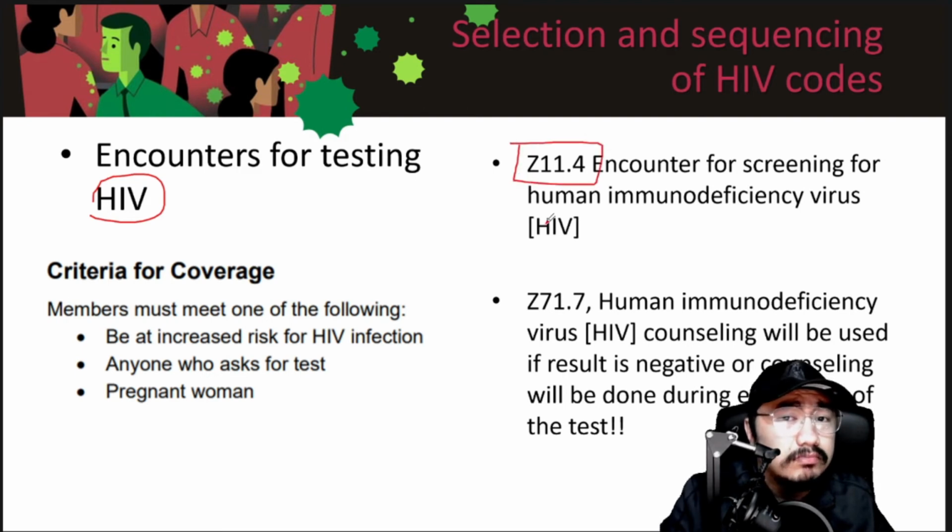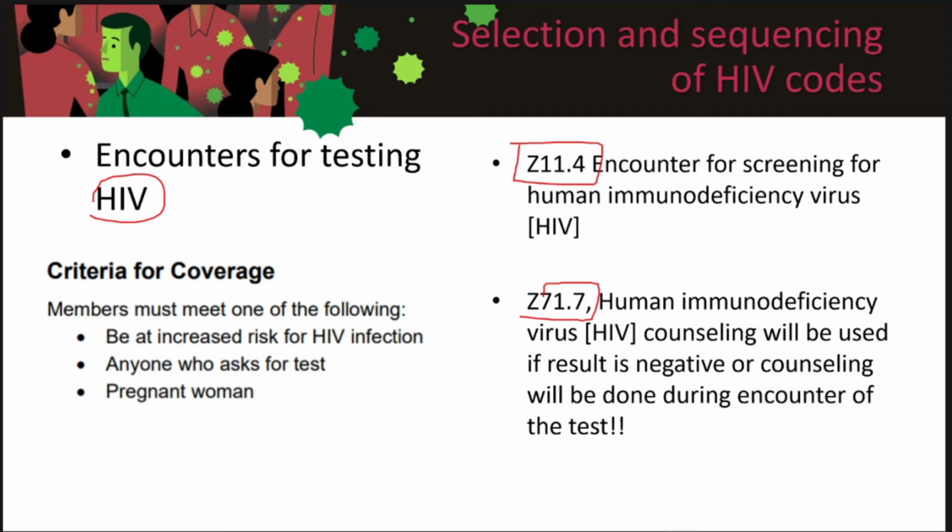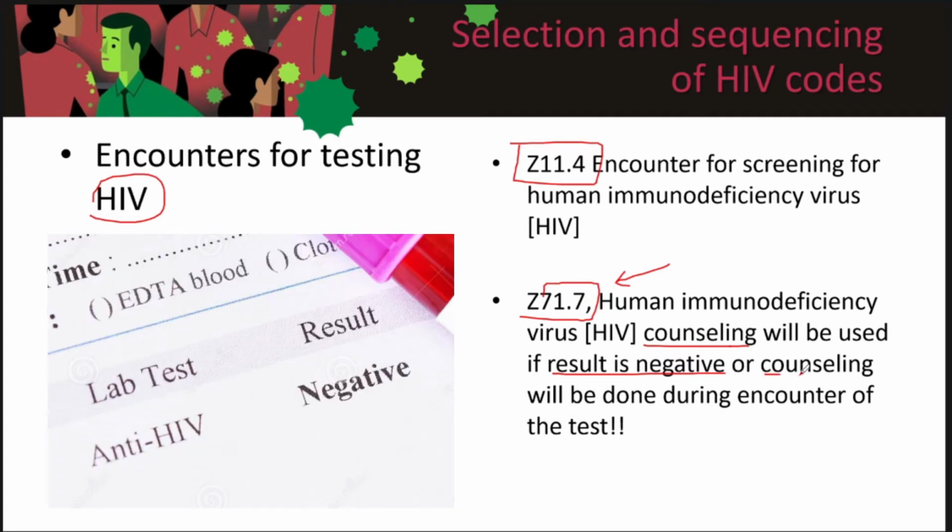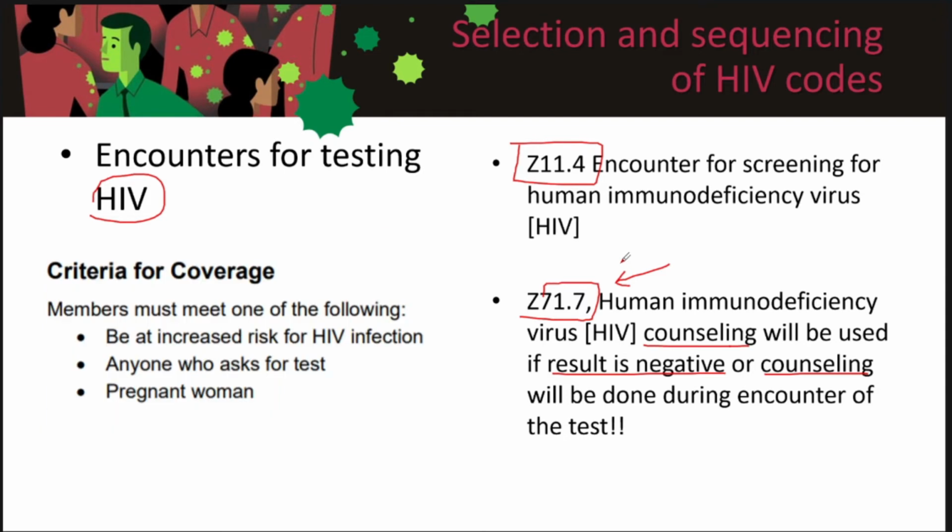Z71.7, on the other hand, is the code for HIV that's only for counseling. You have 2 criteria for its use: either the result is negative for that day, or counseling was given to the patient with regards to the HIV illness.